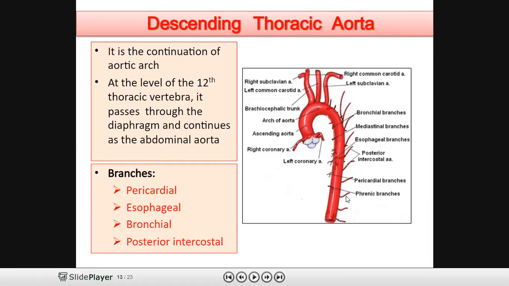But know that once it crosses the diaphragm, it's no longer descending thoracic, it becomes descending abdominal aorta. So at what level does the descending thoracic aorta change to descending abdominal aorta? At the level of T12, which is the 12th or the last thoracic vertebra.